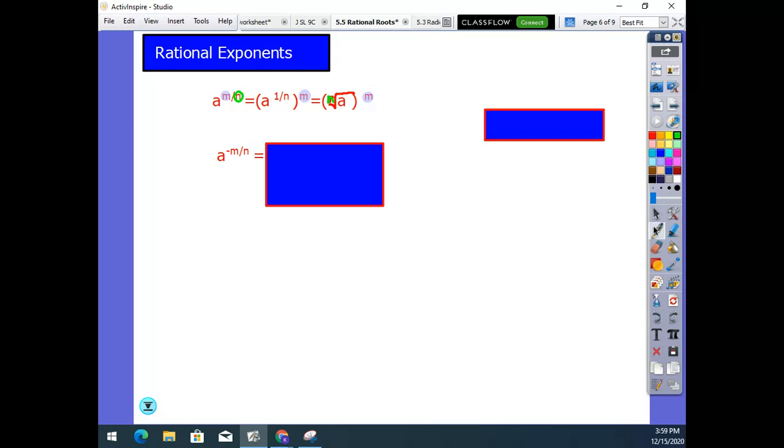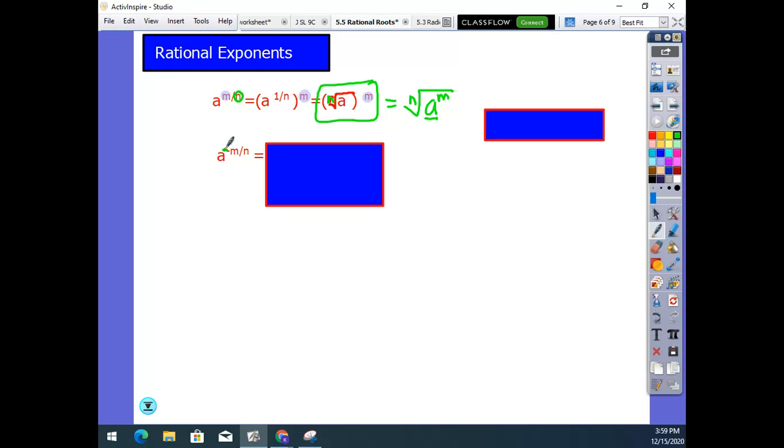I would say this is how I write it. You could also write it as the nth root, keeping the a as the base, and that m could be on the inside. So it can either be the outside exponent to the whole thing or the inside exponent. Either one is acceptable.